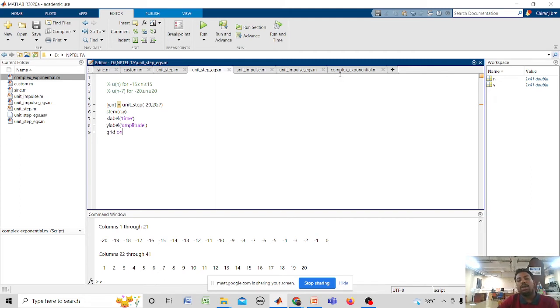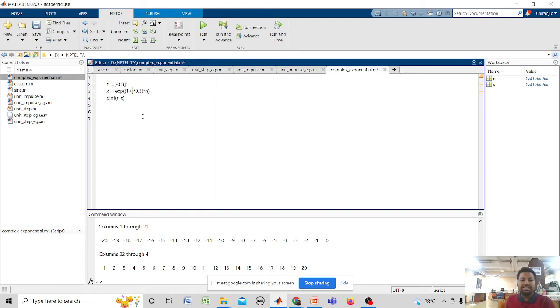So let us see a visualization of a complex exponential function. For example, we have a function of this manner. Okay, we want an exponential function, which is actually in this manner. We have x of n is equal to e to the power of 1 plus 0.3i into n.